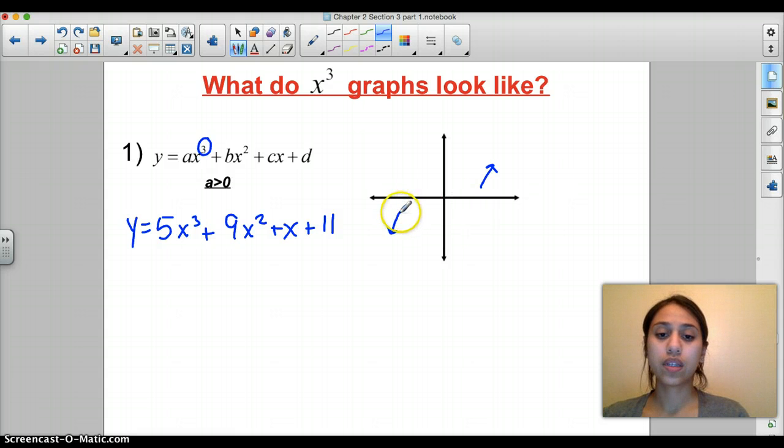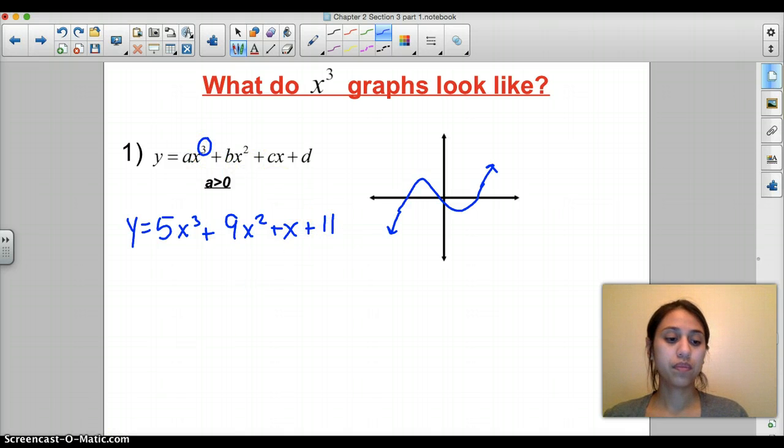So if we're going up here, it will change once and twice. That's what that value there can tell us.